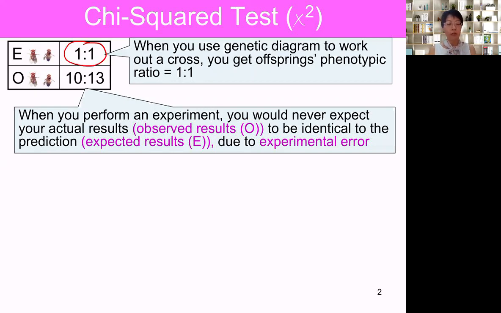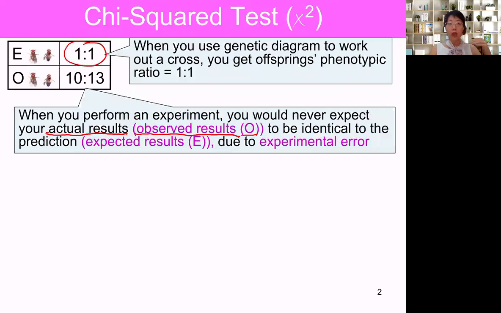Let's say you do the cross in the lab, and the offspring phenotypic ratio that you get is called the actual results from the experiment, which is also called the observed results, represented by symbol O. You expect it to be quite close to the prediction.